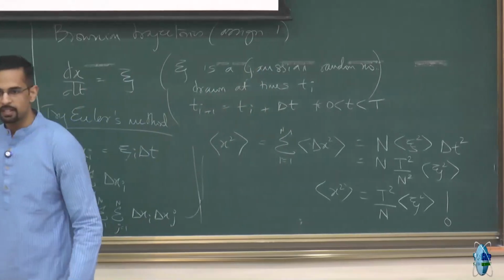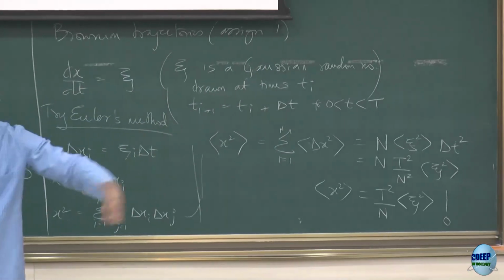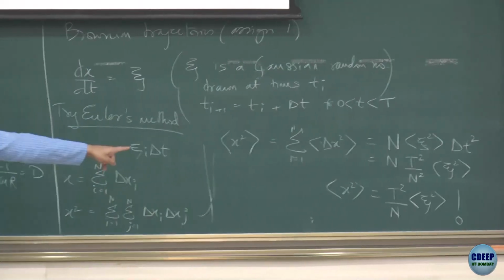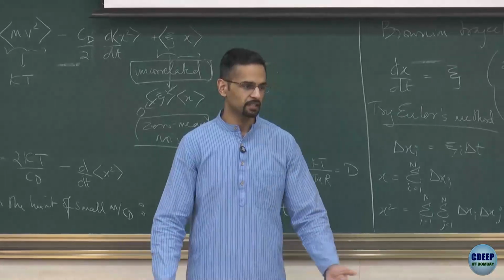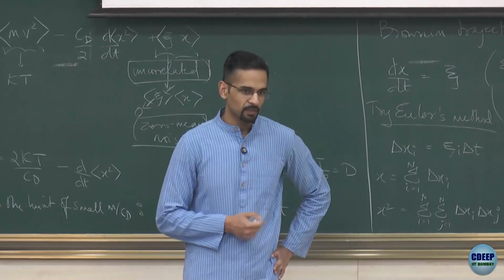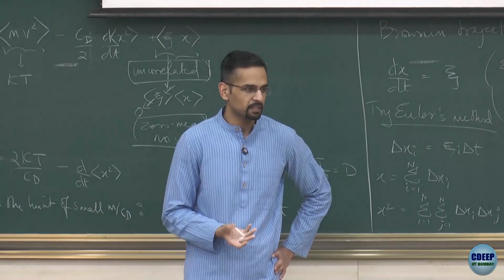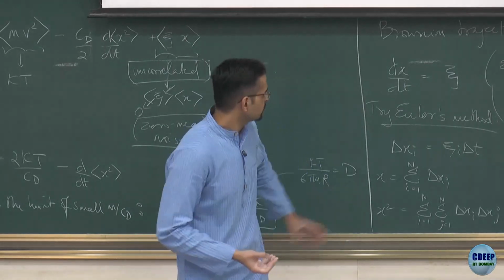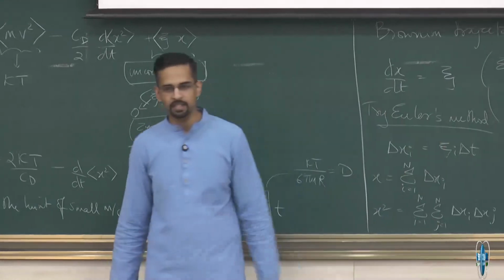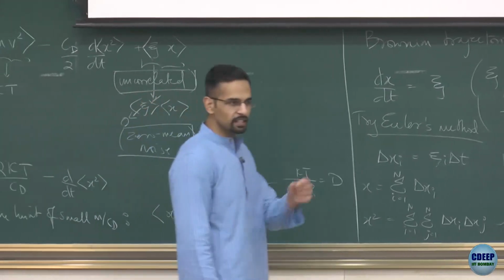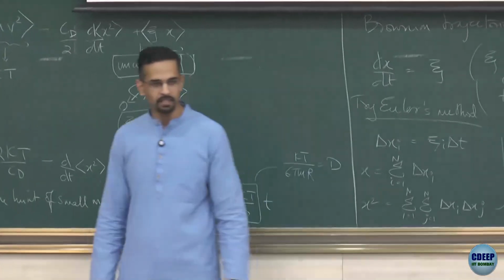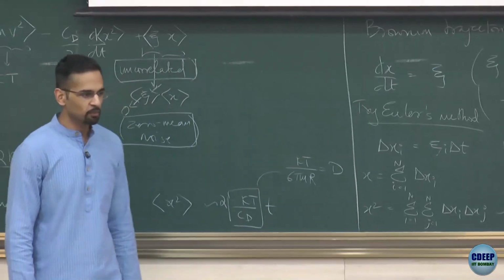So I am trying to do a simulation for some time capital T, and what this is telling me is the resolution at which I do this simulation will change the answer, which doesn't make sense. When you think of an ODE, and you solve an ODE with some discretization method, the whole meaning of doing a numerical simulation is if I divide things into small steps delta t, and make delta t sufficiently small, I should converge.